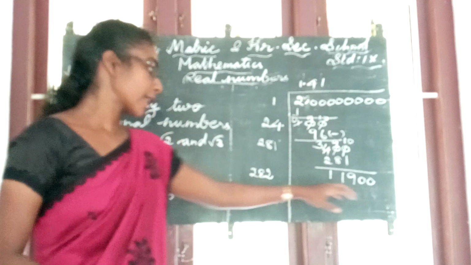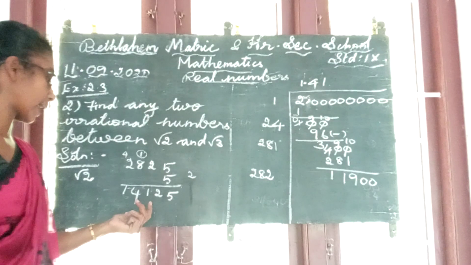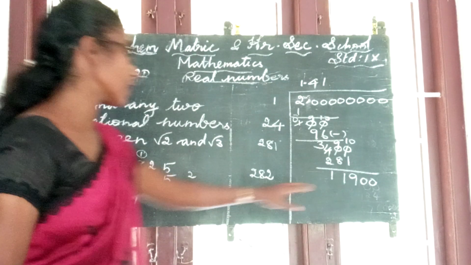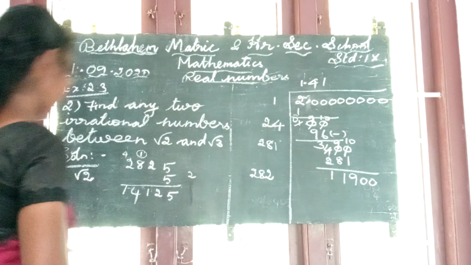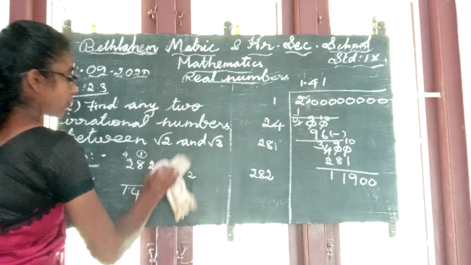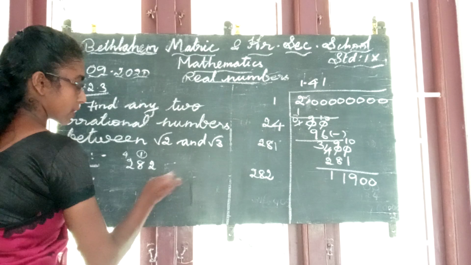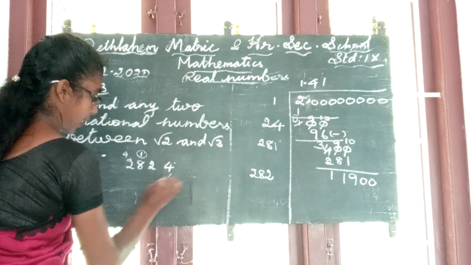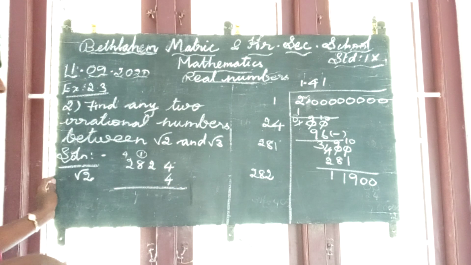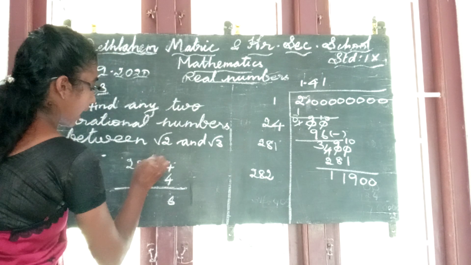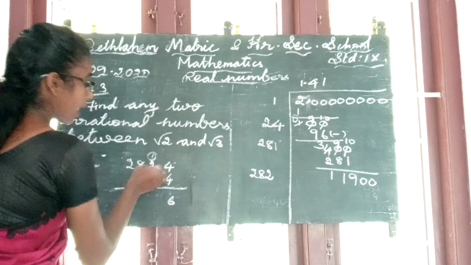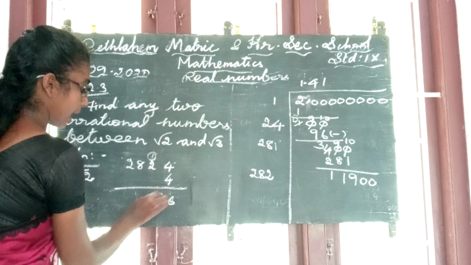14,125 is greater than 11,900. So you have to multiply by 4, which is just less. So you can take 4. With 4 multiplying: 4 4s are 16. 1 balance. 4 2s are 8. 8 plus 1 is 9.